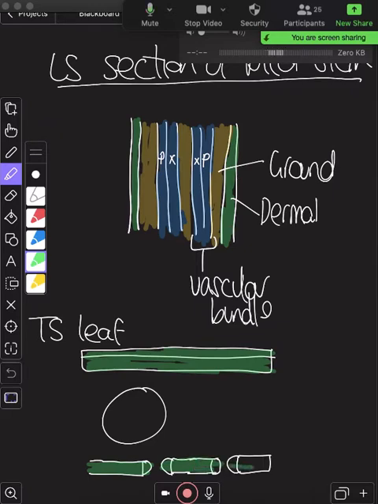So following with our color coding, yellow is going to be ground.